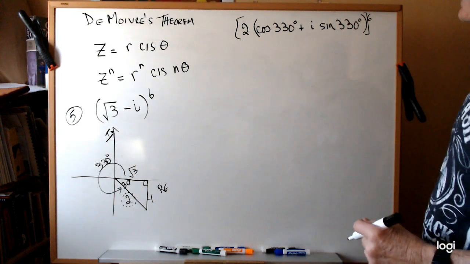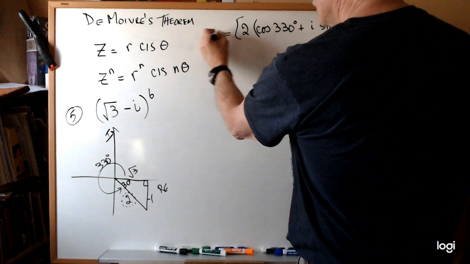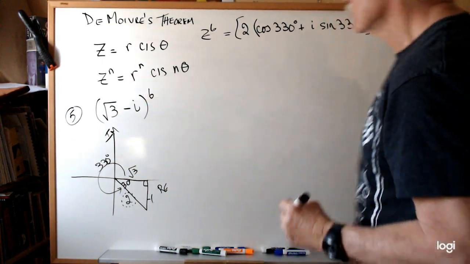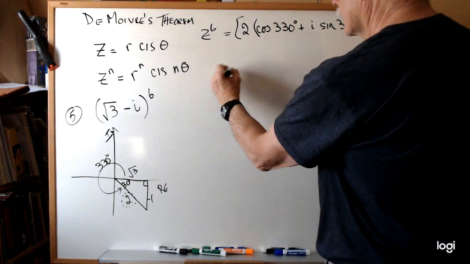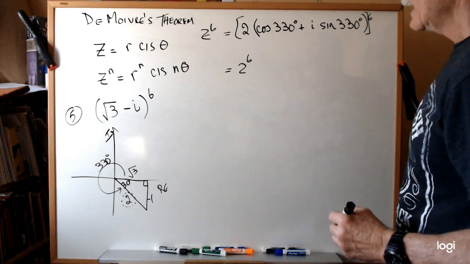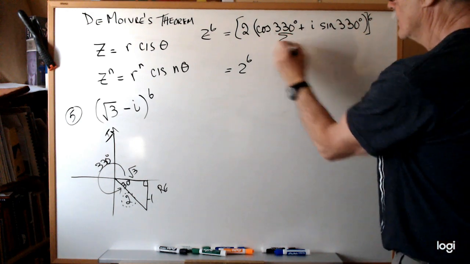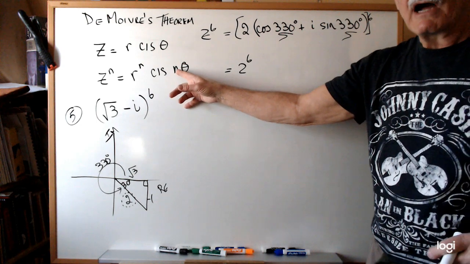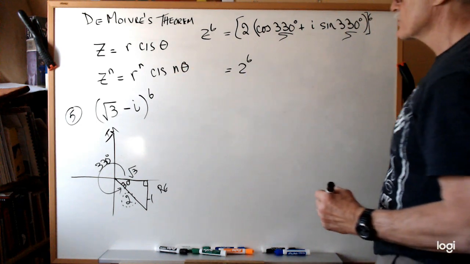Okay, and what DeMoivre's theorem says is we take the modulus, which in this case is 2, and we raise that to the 6th power. And then we take the argument, which is the angle, and what do we do with it? We multiply it by the power. We multiply it by 6.